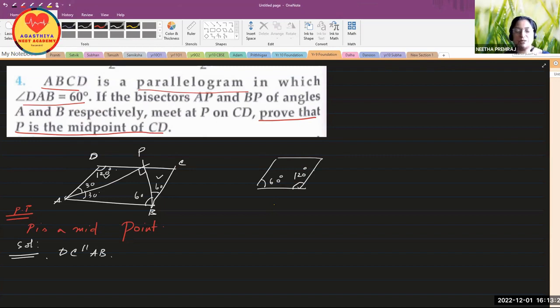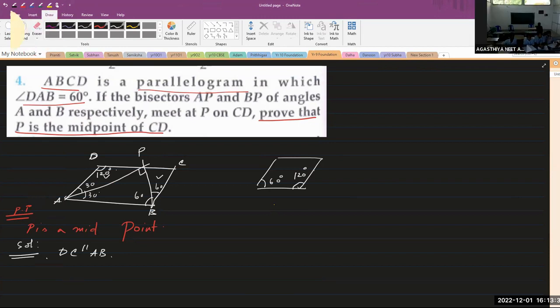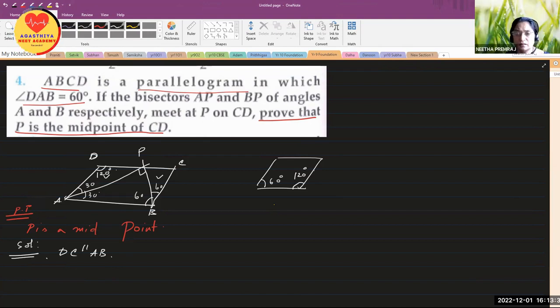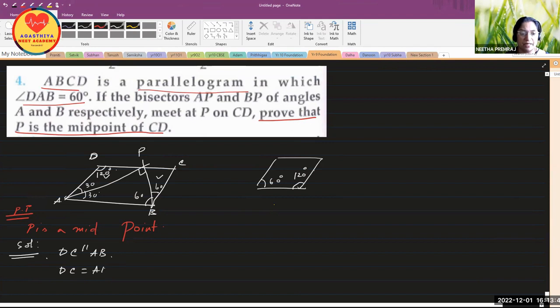Why DC is parallel to AB? Opposite sides are parallel. That's it. And DC is equal to AB, isn't it? By parallelogram law. And AP is a transversal line, isn't it?